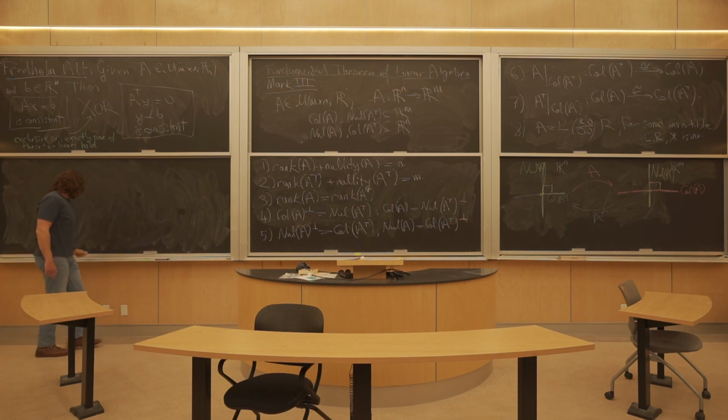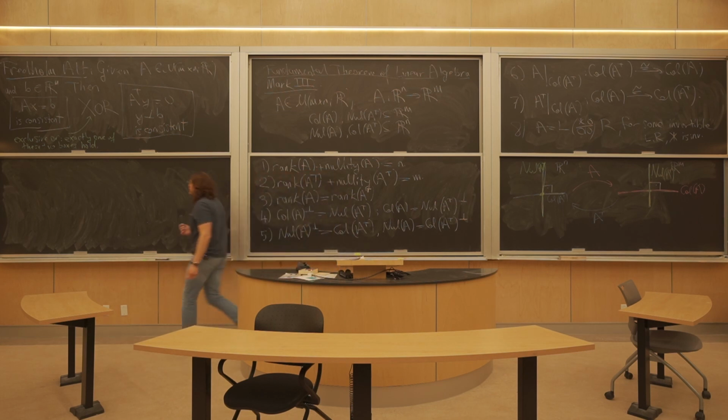Well, this left box holds if and only if b is in the column space of A, right? Because if you can solve this for x, that means that b is in the column space.